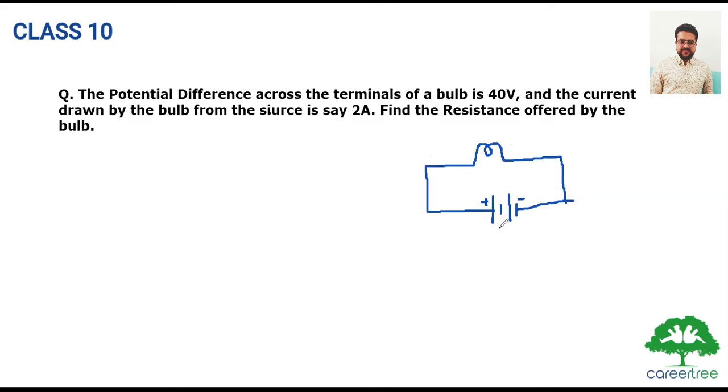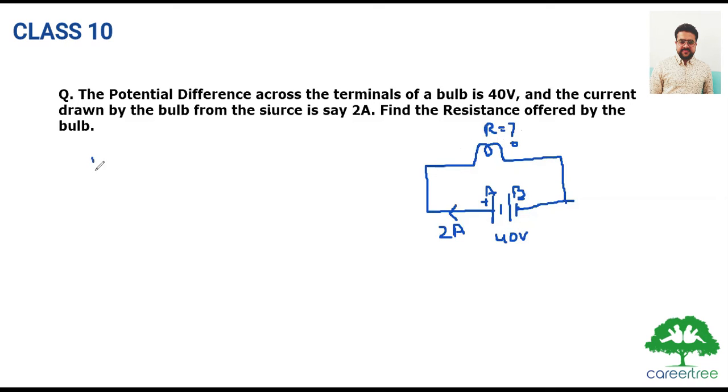The potential difference given across the terminals of the bulb, that means point A and point B, is 40 volt, and the amount of current coming from the source, here the battery, is 2 amp. I need to find the resistance being offered by this bulb.